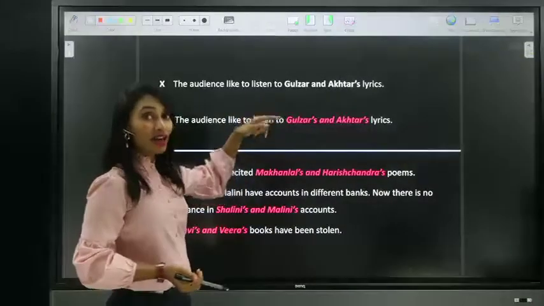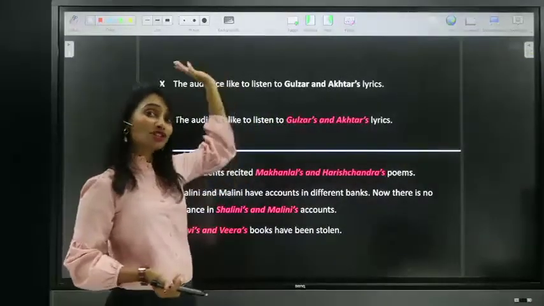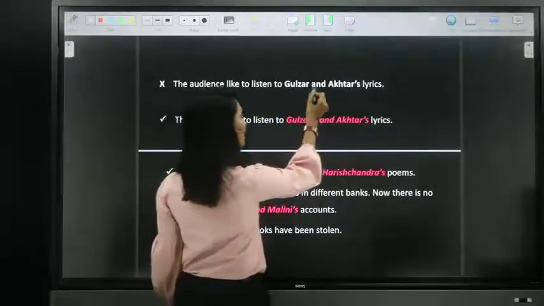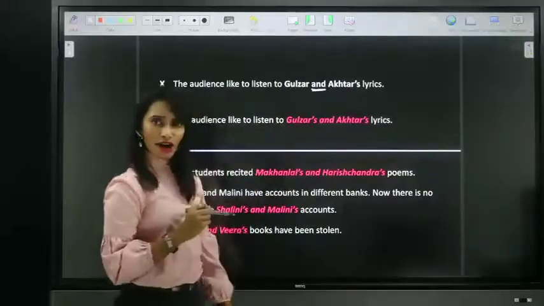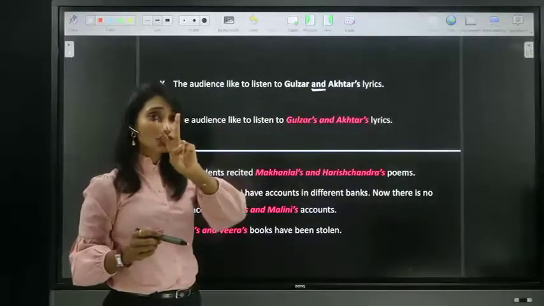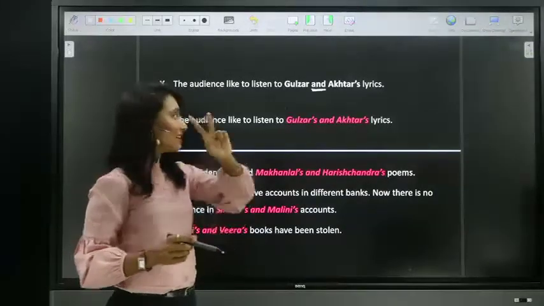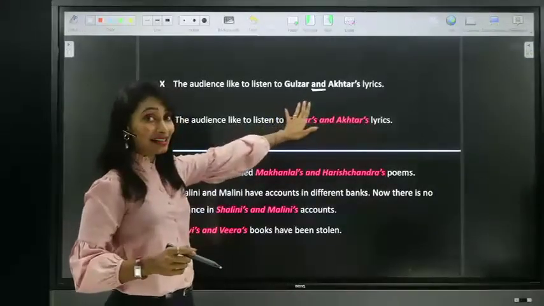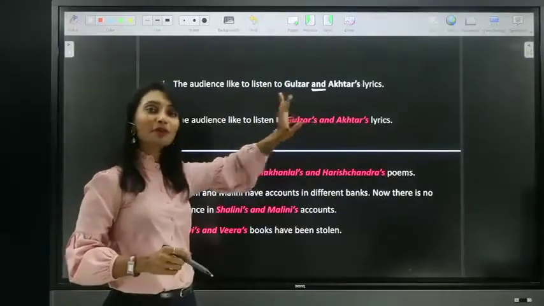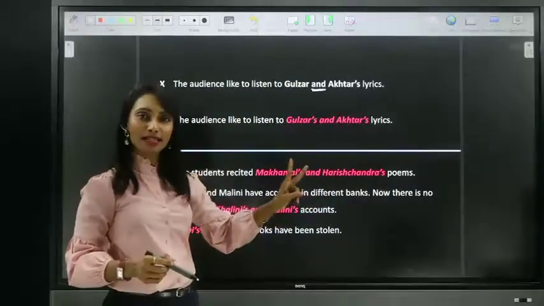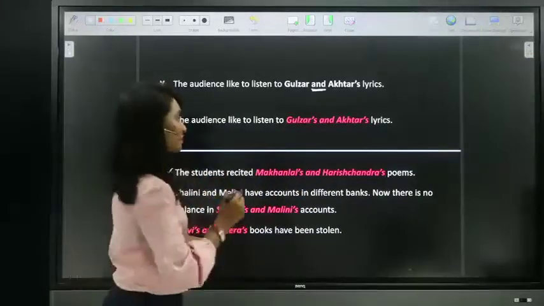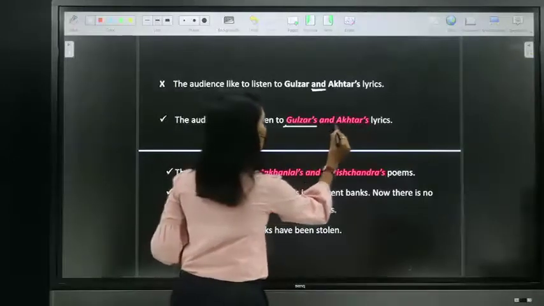Previously we have seen when nouns are in apposition, we have given possession to the second noun. But both are not the same. In fact, they are joined by the conjunction and, which refers to two persons. So guys, here the resultant is different. When the resultant is different, or when we are talking about two different things or persons with possession, do add possession for both nouns. So look at this.